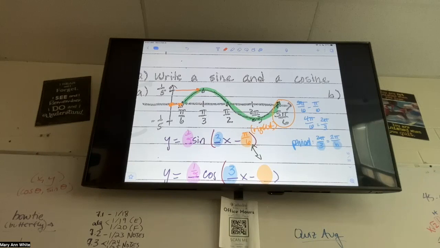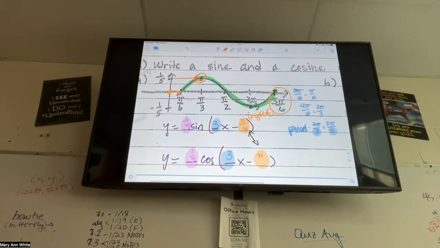So if I were to start my cosine graph here, that would make sense. So that means that my shift is going all the way over to pi over 3. So I'm going right pi over 3 for my cosine shift. Normally it starts at 0. We moved over to the right pi over 3.